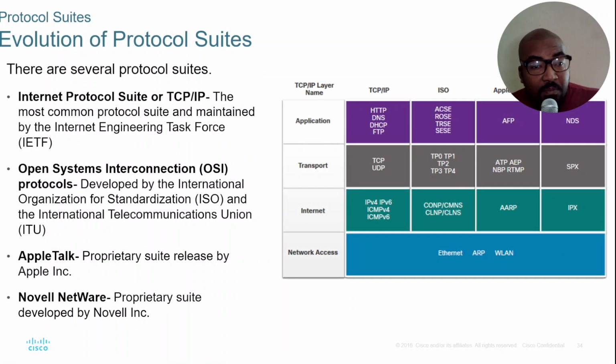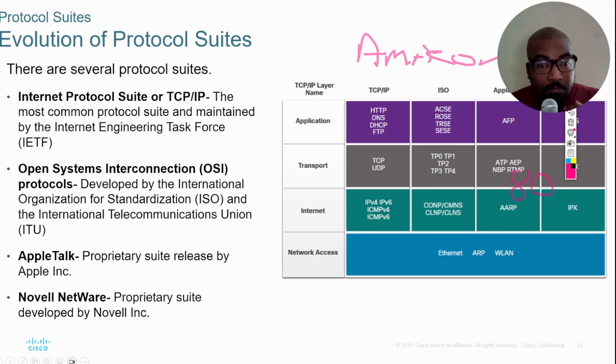So there are TCP/IP, OSI, AppleTalk, and Novell NetWare. This is an example of the TCP/IP layers, and we're going to get into all of these different protocols because each layer has its own set of rules. And as I was talking about earlier, this is that Amazon facility, right?